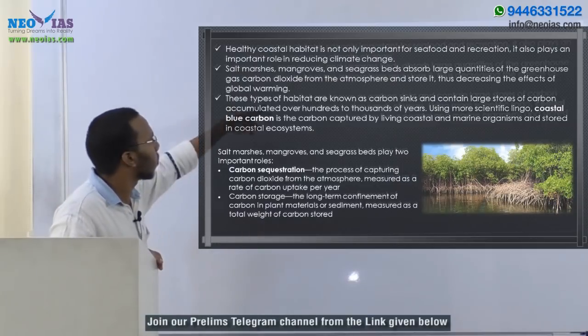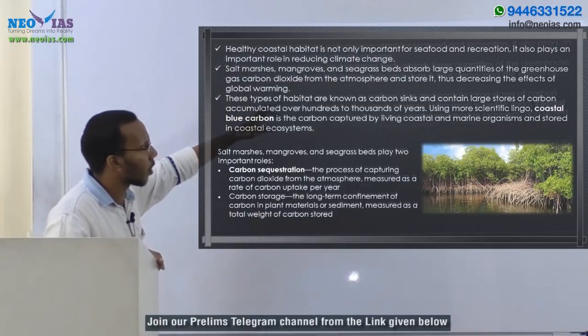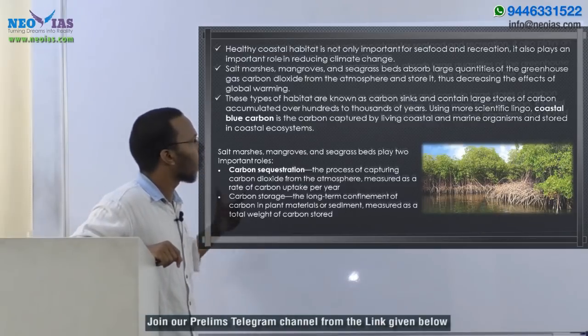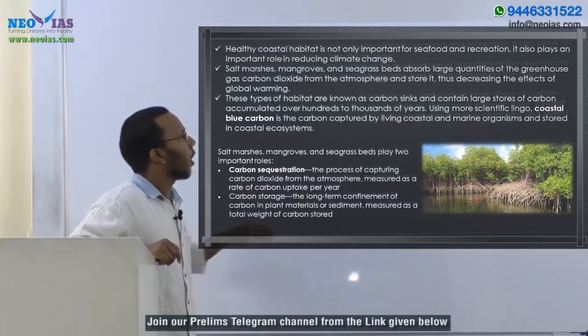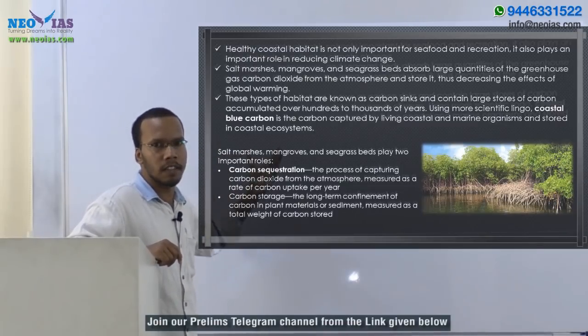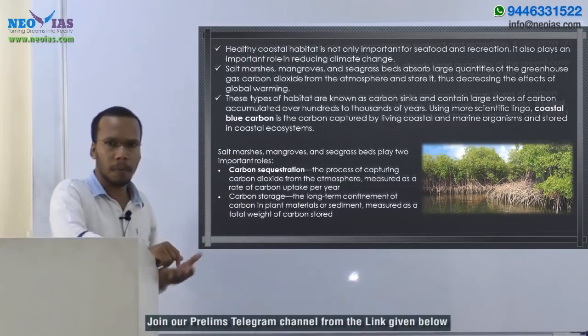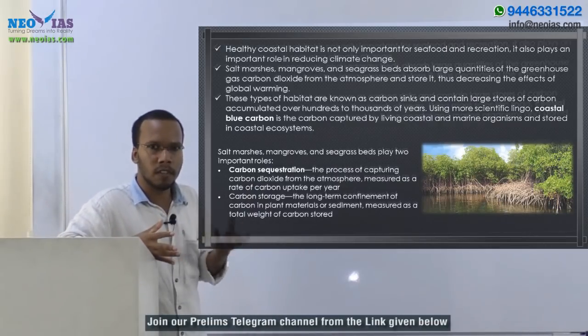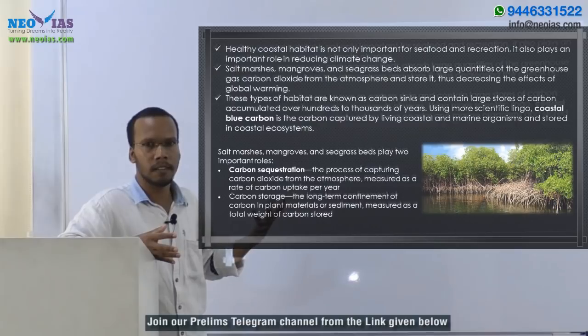So these kinds of habitat are known as carbon sinks and contain large stores of carbon accumulated over hundreds to thousands of years. And those carbon sinks and regions are known as coastal blue carbon. So coastal blue carbon means the carbon dioxide captured by the coastal wetlands or the vegetation seen in the coastal wetlands.